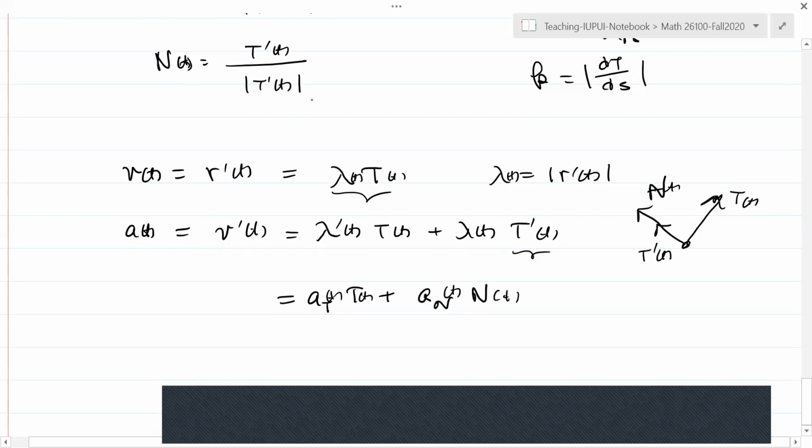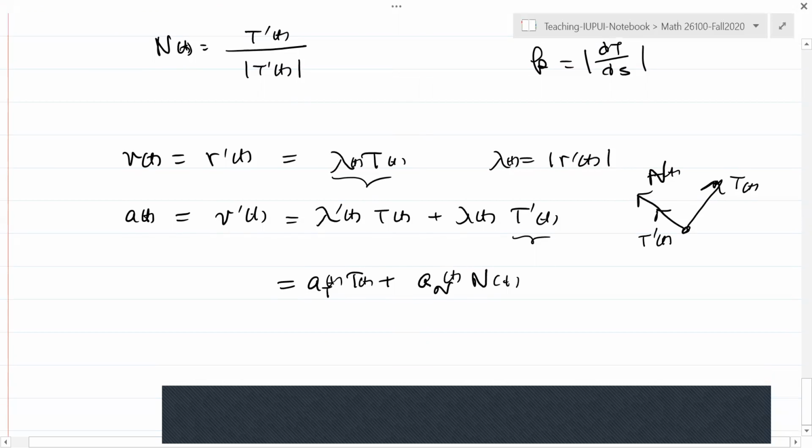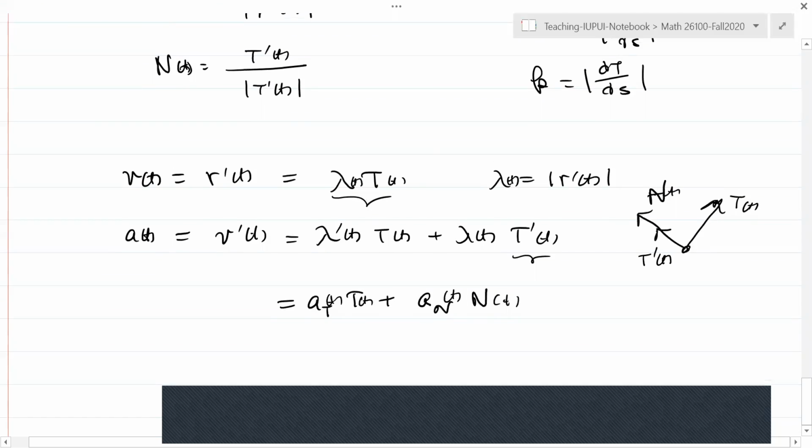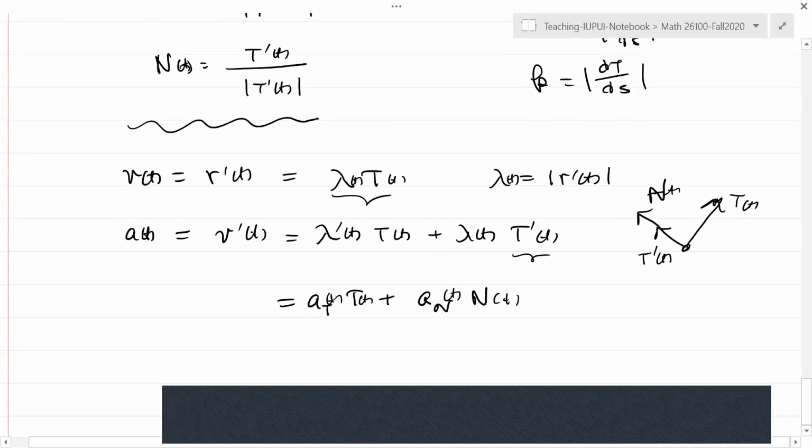So this is a picture, go back here. This is the definition of the normal vector. The derivative of the tangent vector is perpendicular to the tangent vector, and you normalize it, you get the normal vector.